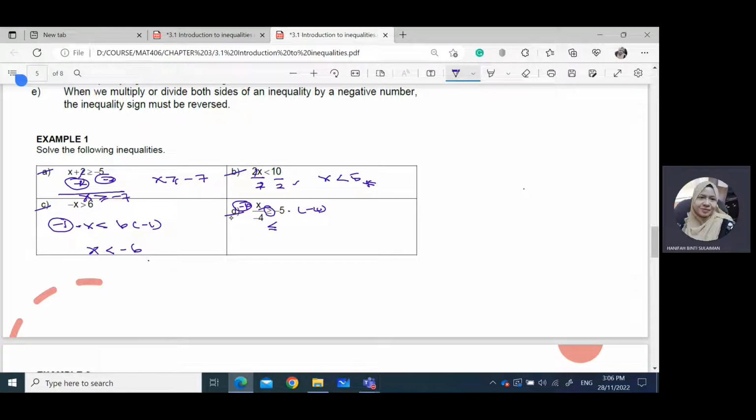Okay, so multiply negative 4 times x over negative 4. So negative 4 we can cancel. Then here we have x is less than or equal to negative 5 times negative 4, we have 20. Okay, so now the answer here is x is less than or equal to 20. Okay, right. So this one example 1.